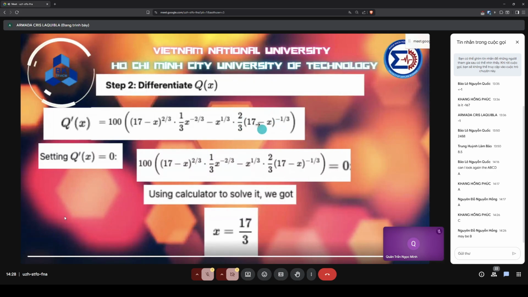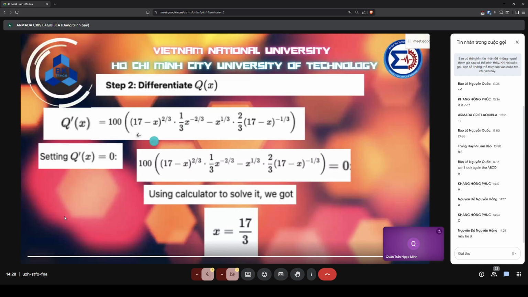So multiply 2/3 here. Then 17 minus x to the power of 2/3 minus 1, we have negative 1/3. Now multiplying additionally the derivative of the x here, which is negative 1. So instead of having plus here, it will be changed to minus. Because there's a negative 1 here as your derivative, multiplying it here.